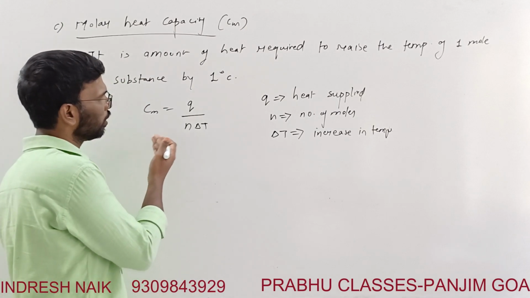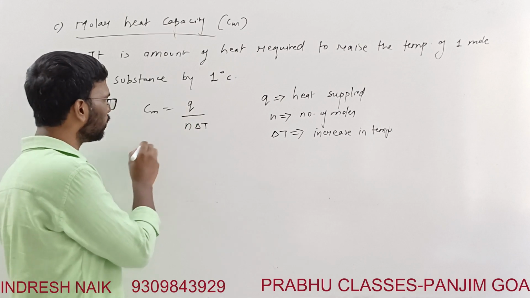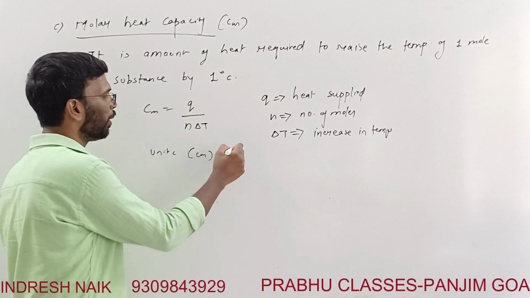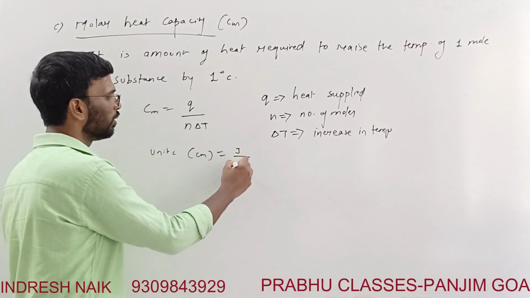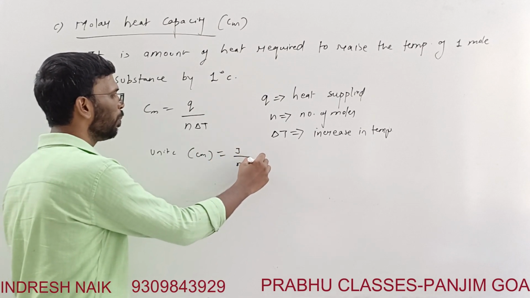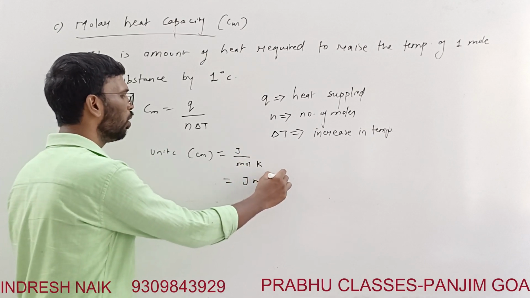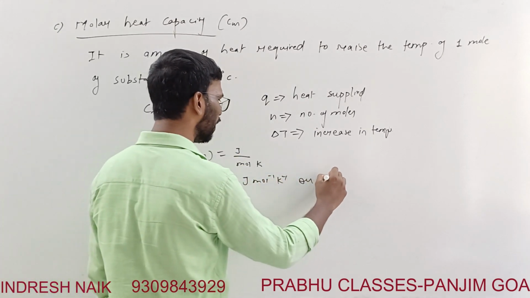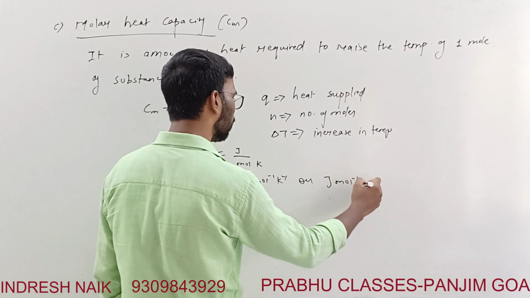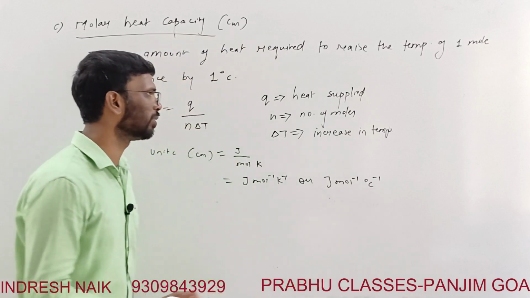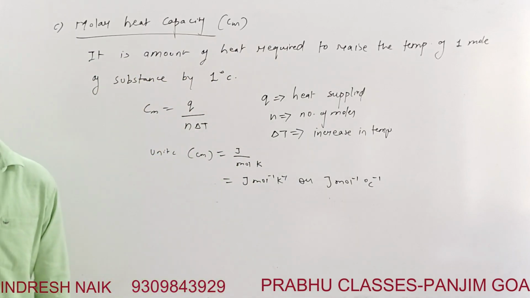Now this is about the heat. Units over here: the units of Cm will be joules, per mole, per Kelvin, or we can write joules per mole per degree Celsius. This is the molar heat capacity, all these definitions.